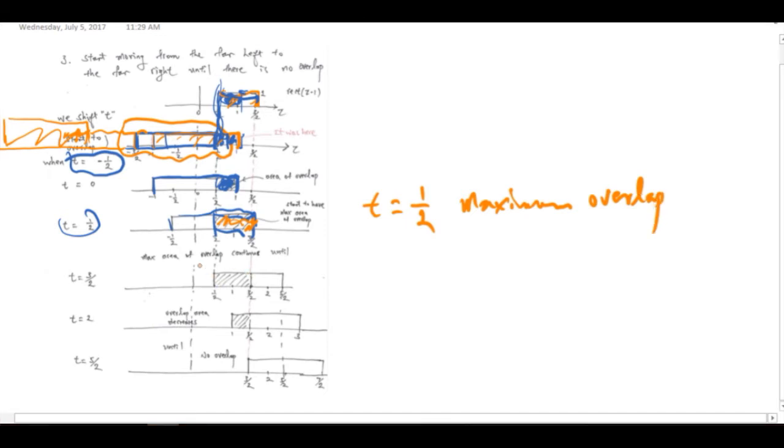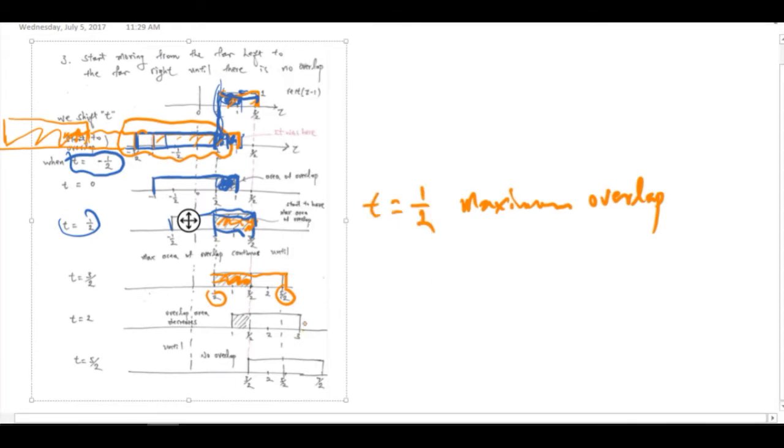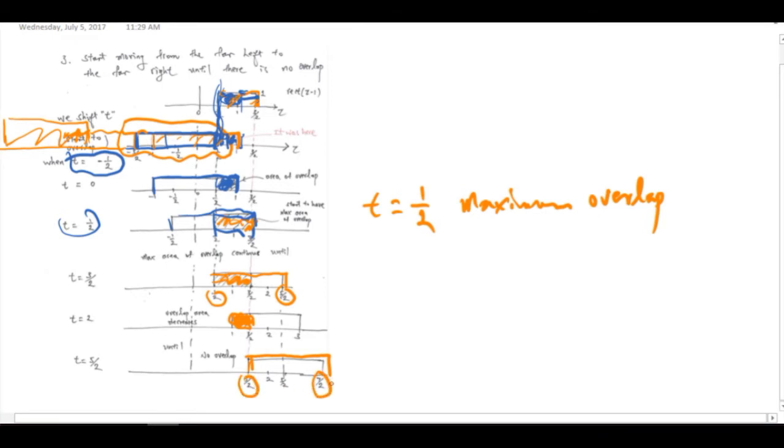When t moves further, t is equal to 3/2, somewhere here, we still have the maximum overlap, but the waveform starts to move there. When t becomes 2, then the overlapping becomes less. When t becomes 5/2, there is 3/2, there is here, so there is no overlap.